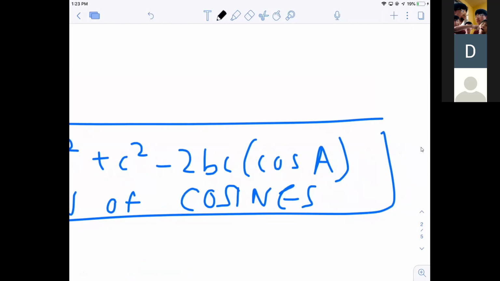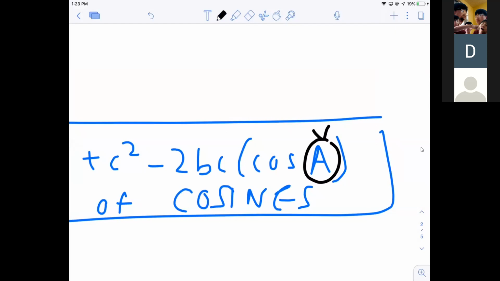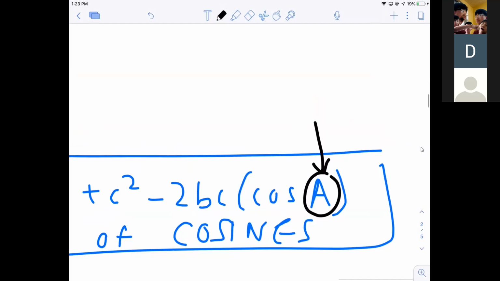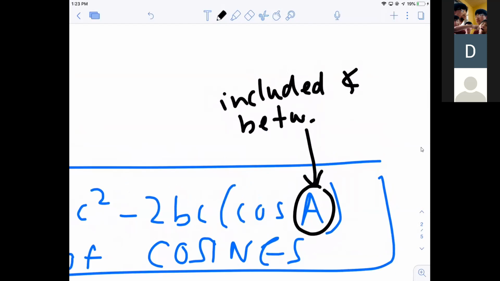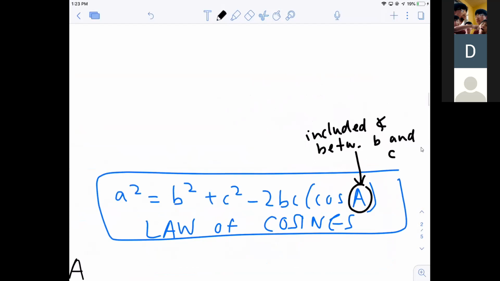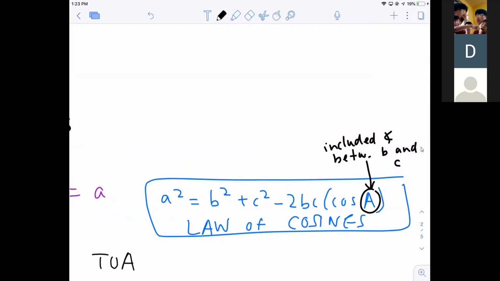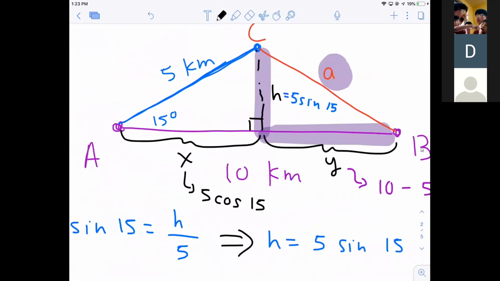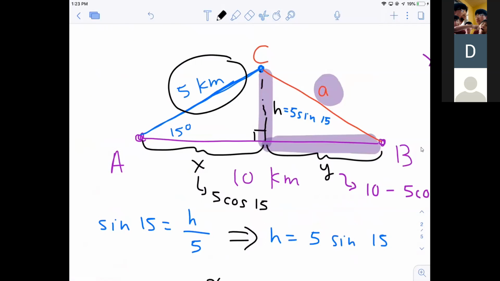So this angle A, it's 2BC, right? B and C are two sides. This angle A here will always be the included angle between B and C, between two sides of it. So for example, if we go back to this example, that's B and that's C, 5 and 10.